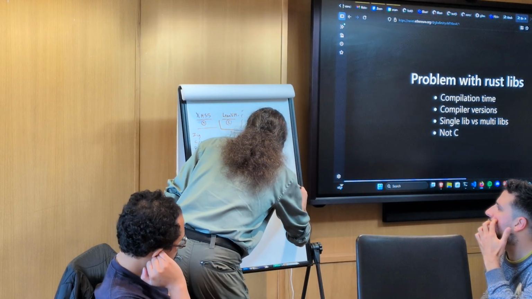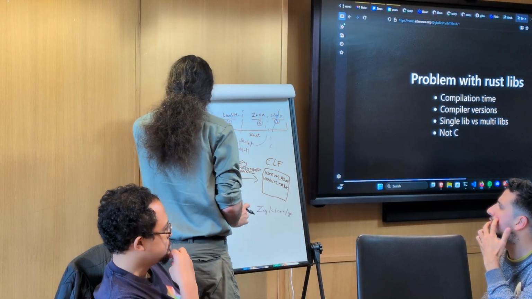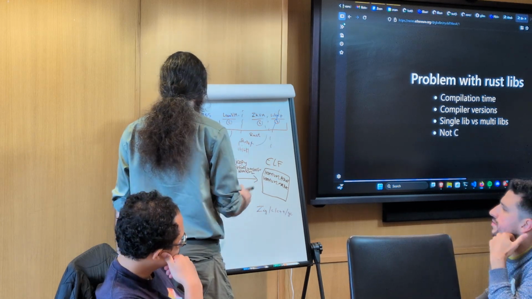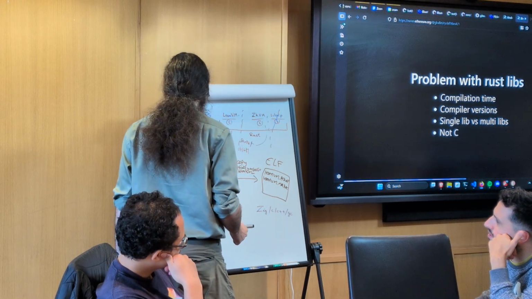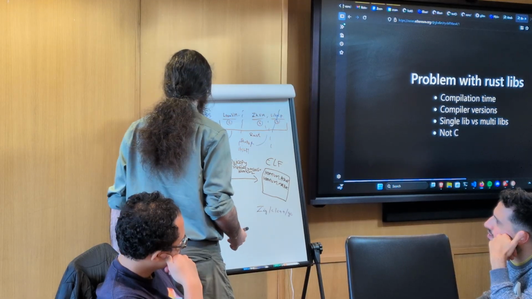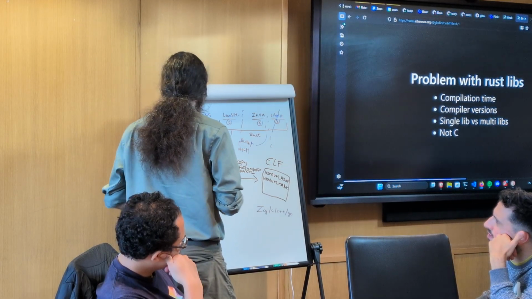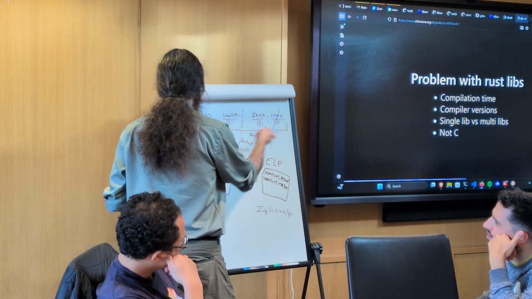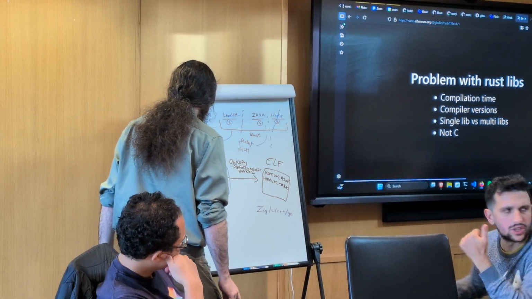This is what we don't have control over. So now you can link this in without a problem at the expense of more code size, because you have two libcs and two of everything that is also in what you're linking with.